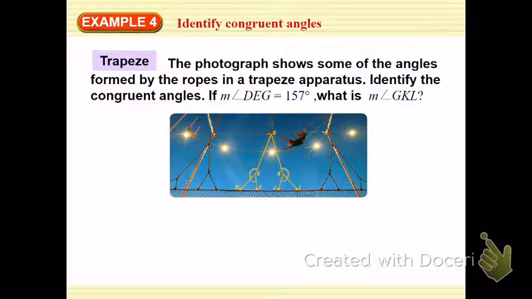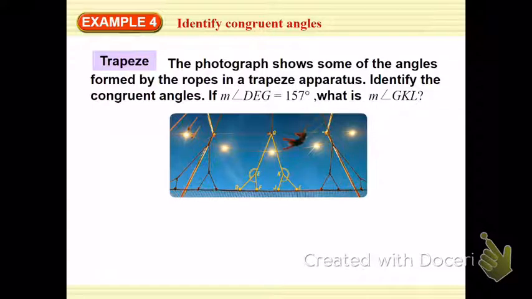So we've got DEF and LKJ. Those two are congruent because they both have one arc. These have two arcs in them, right? So they're congruent. That's how we identify the congruent angles. Probably kind of hard to see in your picture, isn't it?